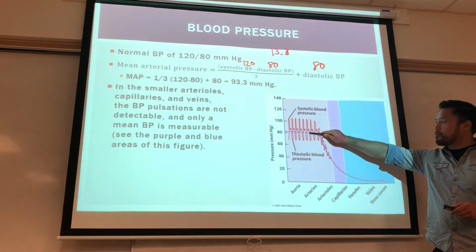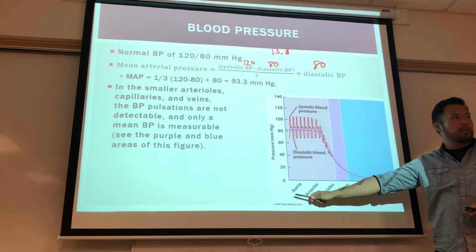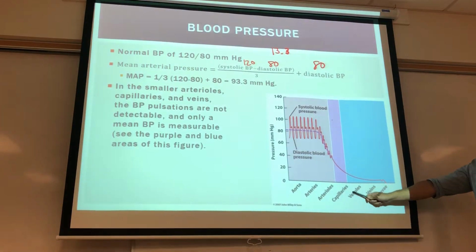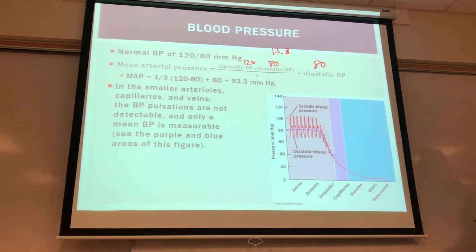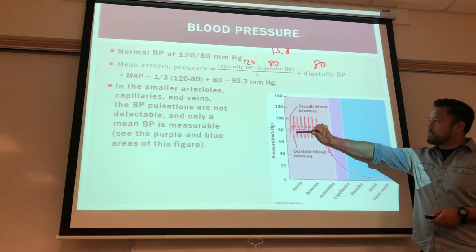We need that pressure to move all the way from your aorta, all the way down to your capillaries, all the way back to your veins. Because what happens if that pressure decreases?